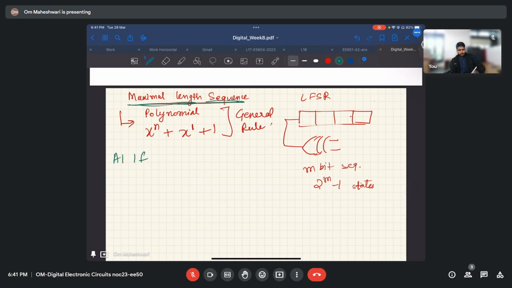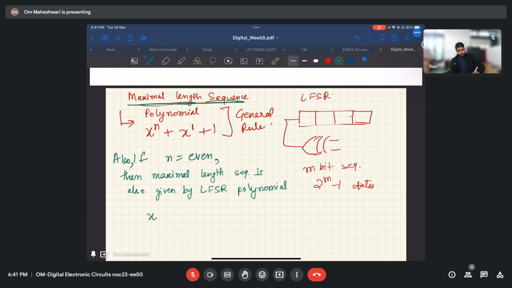Also, if n is even, then maximal length sequence is also given by the LFSR polynomial x to the power n plus x to the power n minus 1 plus 1.